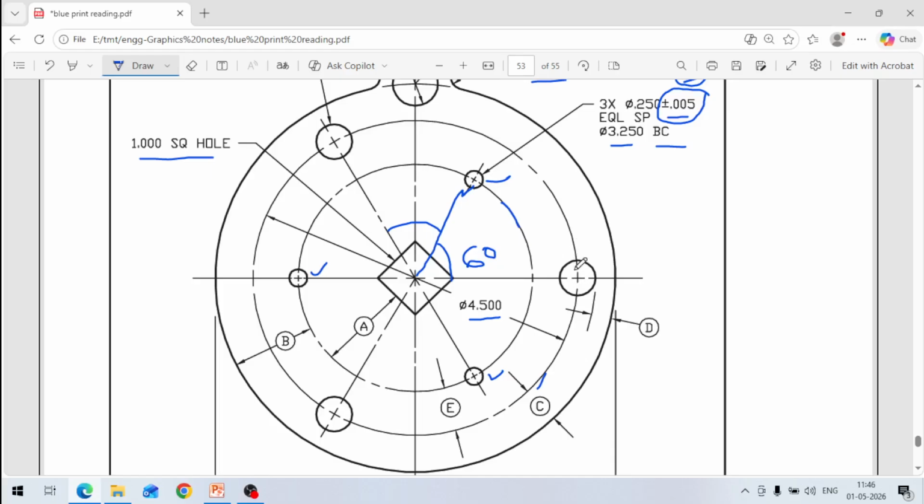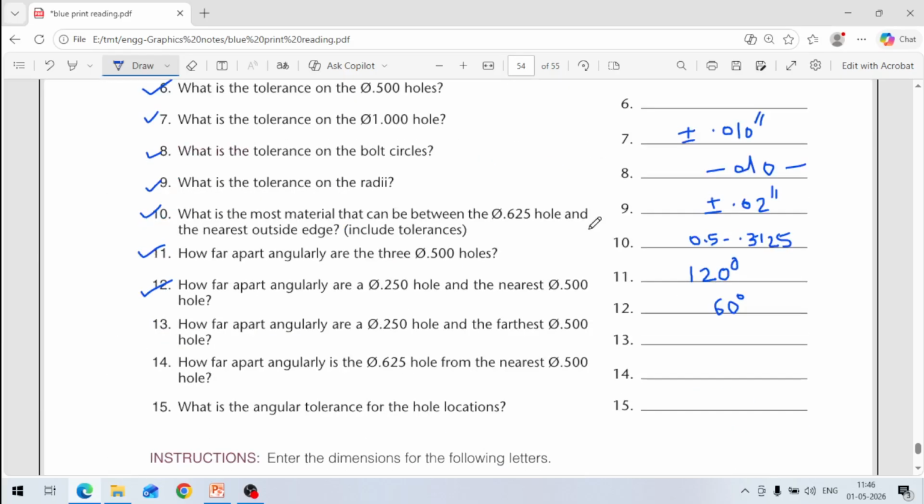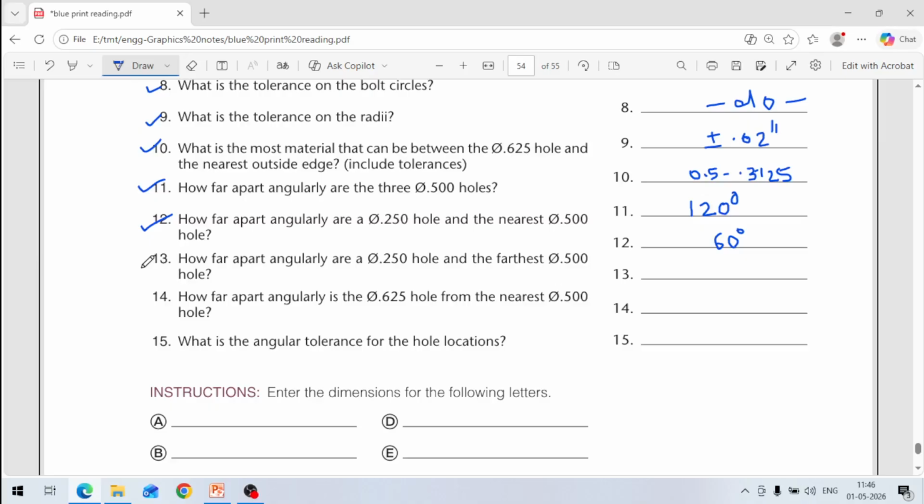If I come from here like this, then this is 90, then 180, then 270 and then 360. So 360 minus 60, the farthest angle will be 300 degrees. For question number 13, it is 300 degrees.